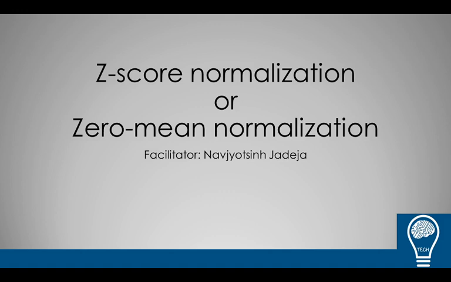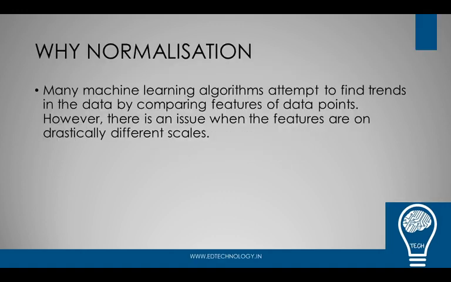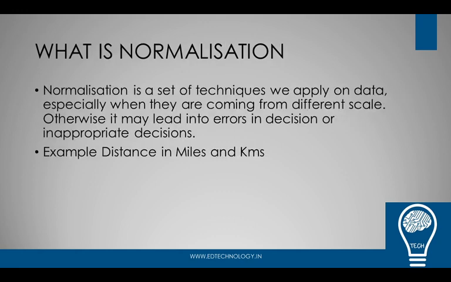So in the earlier video, the video before this, we discussed what exactly normalization is and why we need it. A quick revision again. Many machine learning algorithms attempt to find trends in the data, and in order to do that they compare different features or data points. However, there is an issue here. When the features are on drastically different scales, it can lead to errors, and that is where we need normalization.